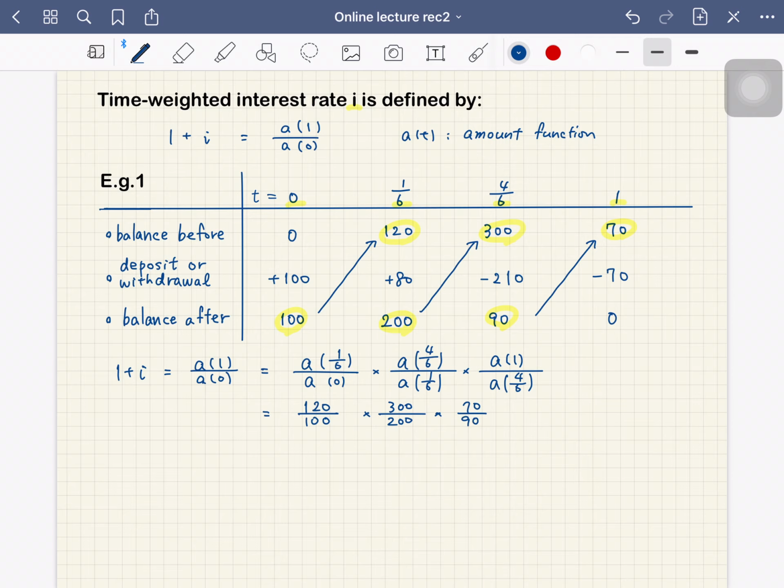When we simplify this, this is equal to 1.4. So I is equal to 0.4. That is 40%. So this is the final answer.